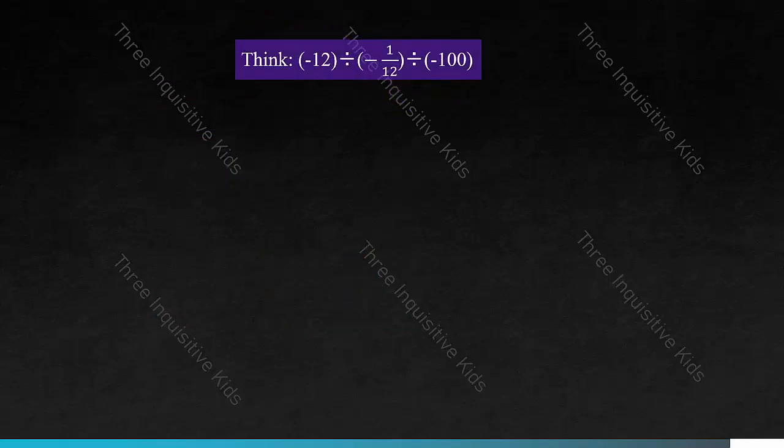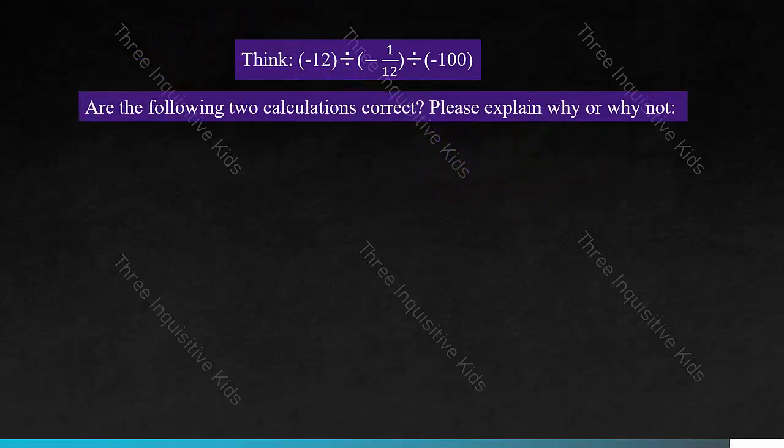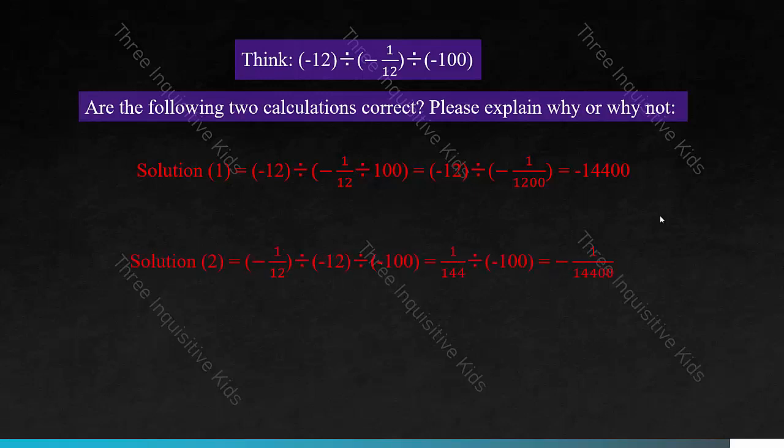Think, how would you calculate this expression? For solution 1, we have -12 divided by the quotient of -1/12 and 100, which equals -12 divided by -1/1200, which gives us -14,400. And for solution 2, -1/12 divided by -12 divided by -100, which gives us 1/144 divided by -100, which gives us -1/14,400.